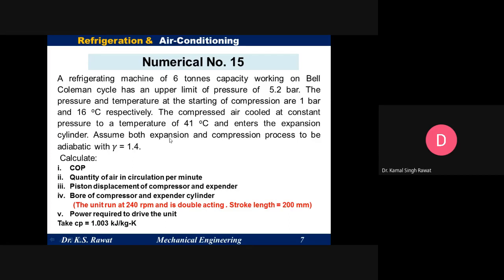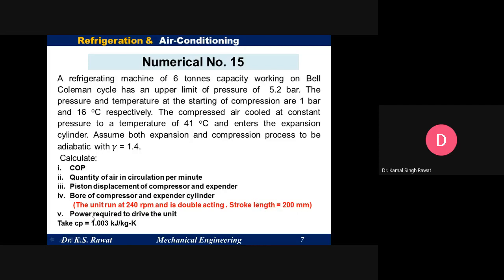Assume both expansion and compression processes to be adiabatic with gamma equals 1.4. Calculate COP, quantity of air in circulation per minute, piston displacement of compressor and expander, bore of compressor and expander cylinder. RPM is given 240 and the stroke length is given 200 mm.